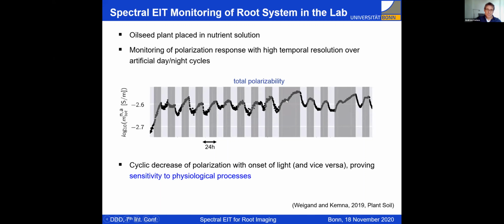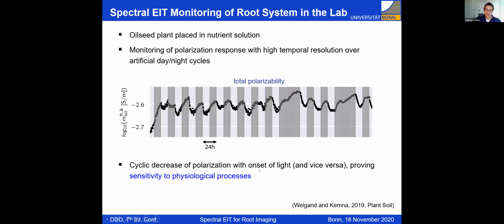And you see that the root system, or at least the polarization response, seems to have some sort of memory effect, because it starts following the general behavior, but then at some point the response went up again, and only with the lamp turned on again do we see the decrease of polarization during the day.